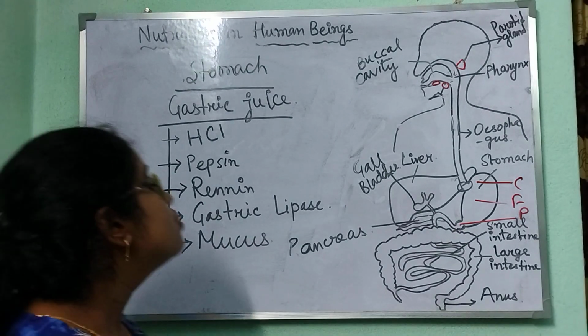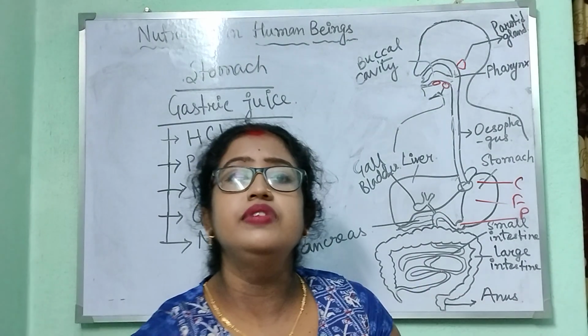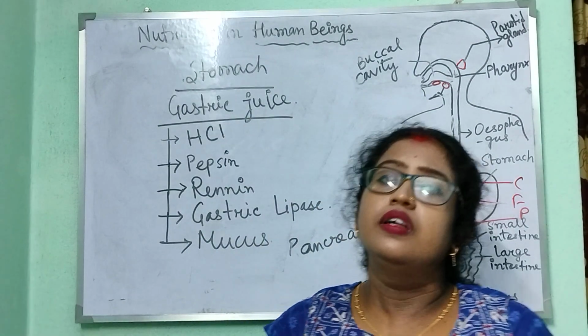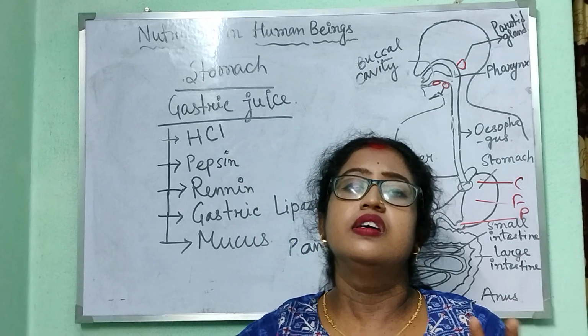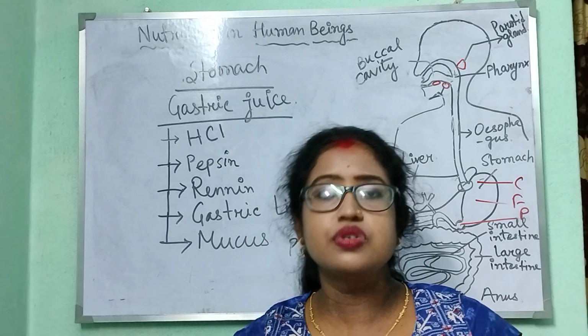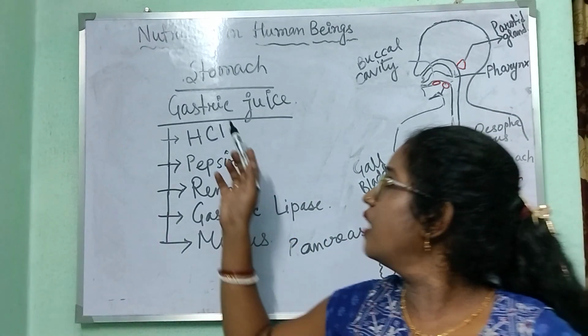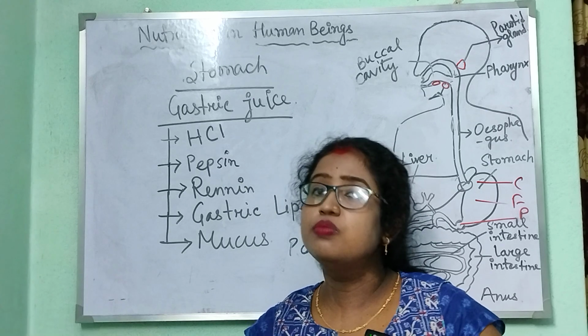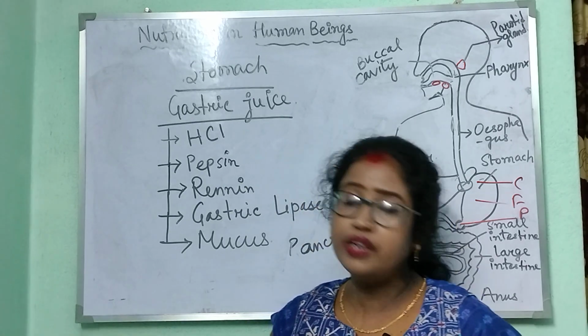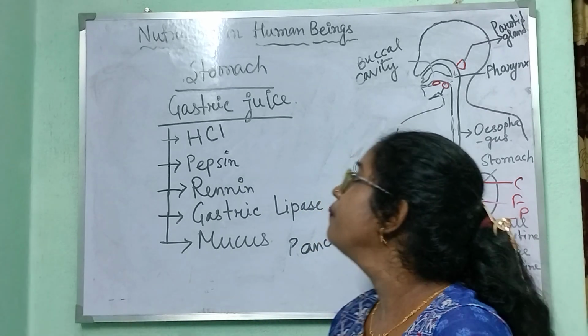So in the wall of the stomach there are different kinds of cells which secrete the gastric juice, and the gastric juice is composed of different types of juices or different kinds of liquids, rather I say.